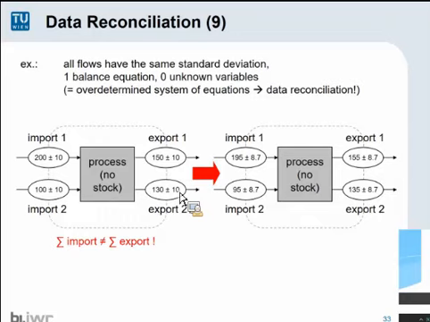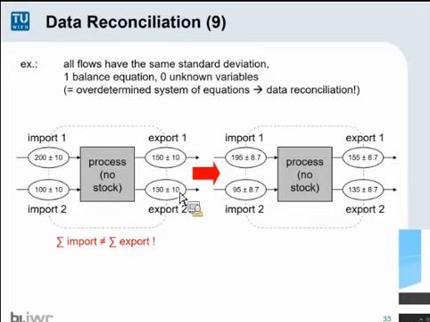Okay, now remember we have here the same absolute uncertainty for all of the flows. But what happens if these flows, they have the same mean values here, have different uncertainties? From what I've told you till now, it should be clear that when we perform data reconciliation and the original given number has no uncertainty, it must be the same after data reconciliation.